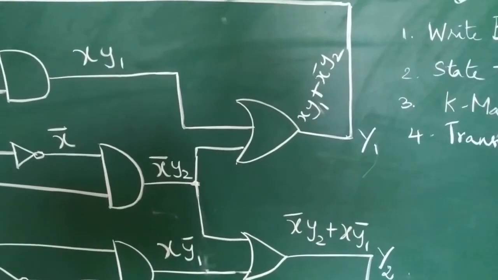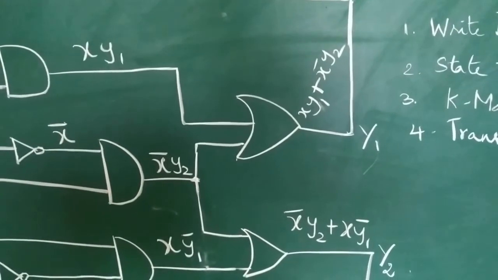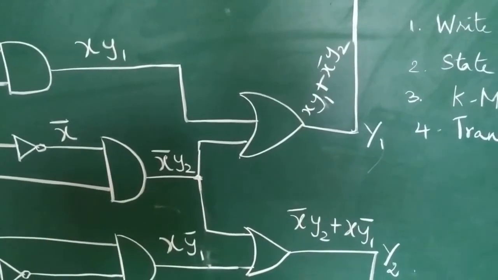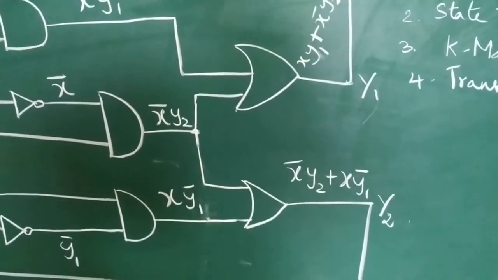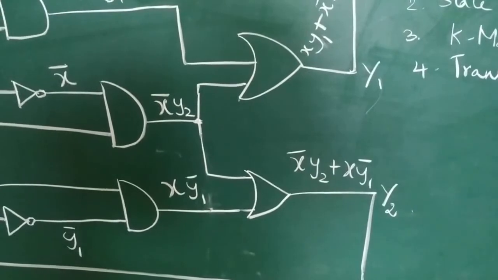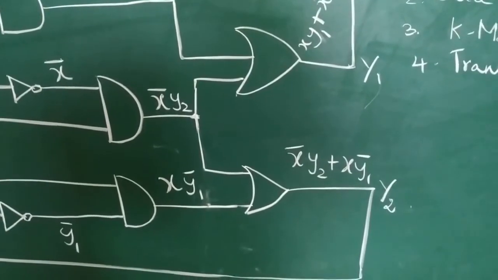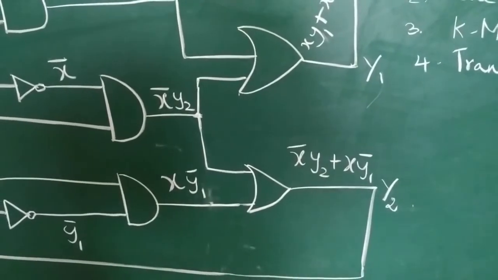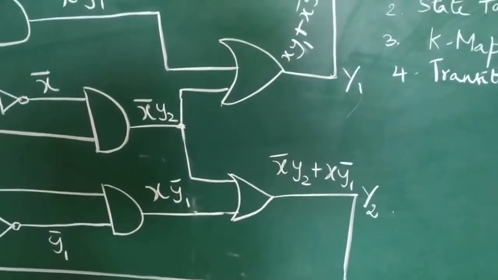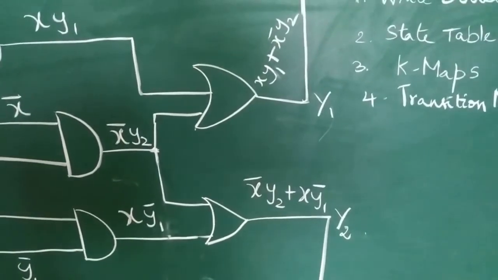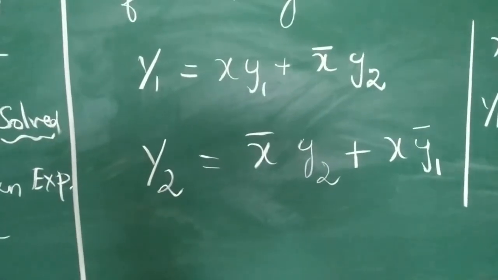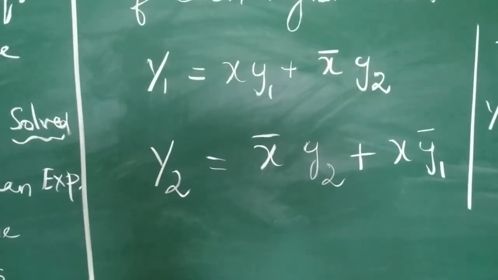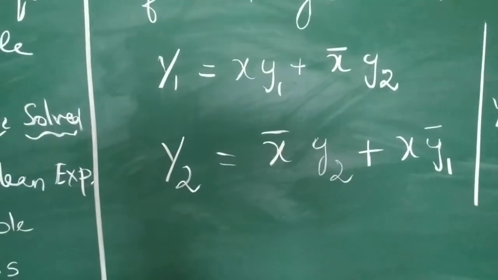So xy1 plus x bar y2 are the two inputs of the first OR gate. And for the second OR gate, x bar y2 and xy1, so add up these two. And we get the expressions for y1 and y2 that I have written here. y1 and y2 are the outputs of the logic diagram.